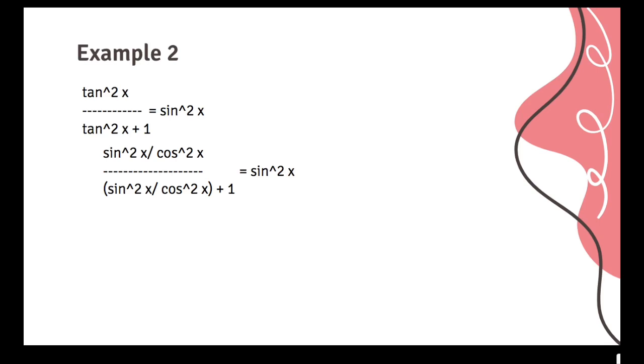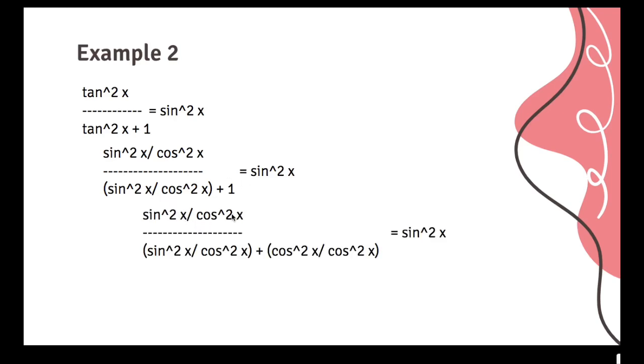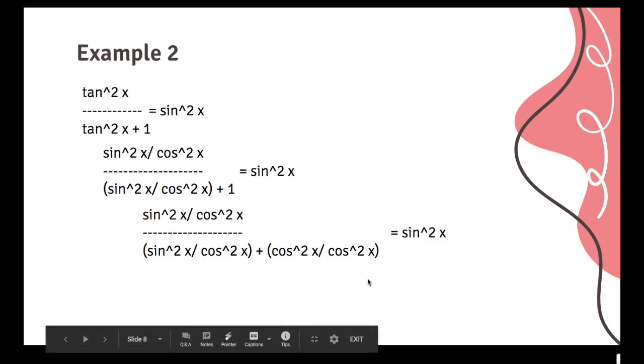So using this, we can look at this bottom expression and try to get them to have common denominators so we can simplify it, which would mean multiplying by cosine squared x. So now it's sine squared x over cosine squared x plus cosine squared x over cosine squared x on the denominator.